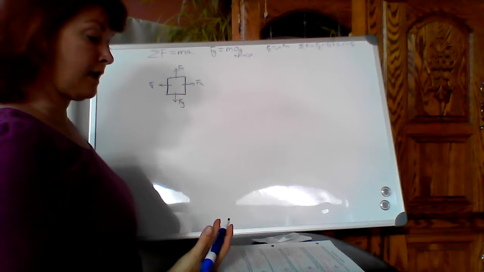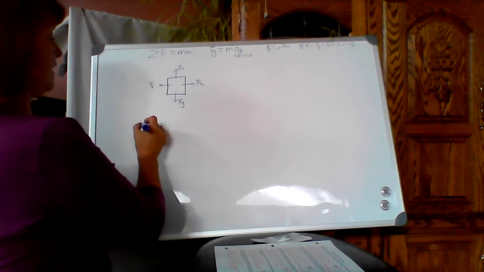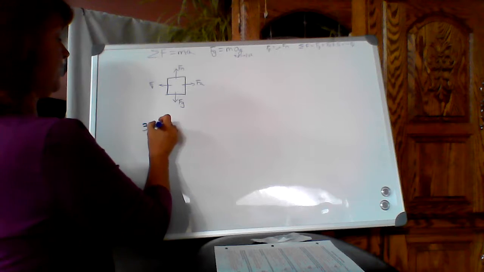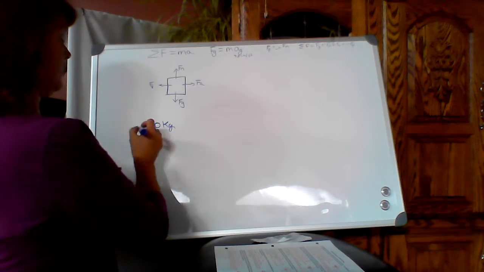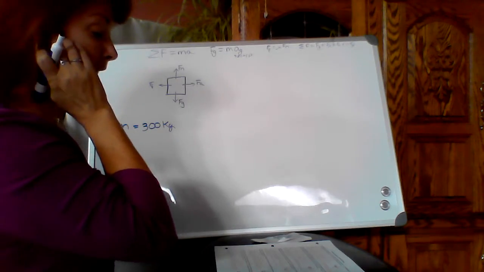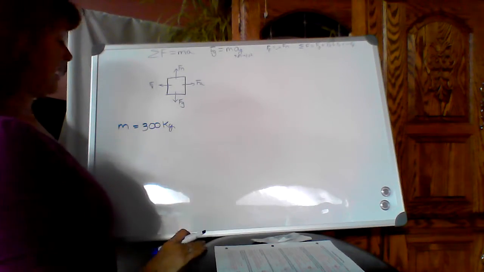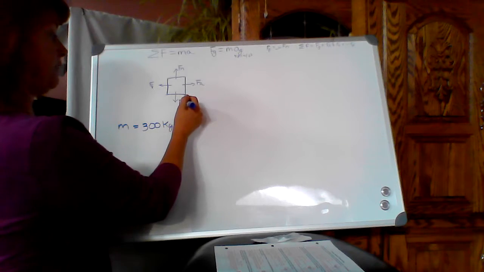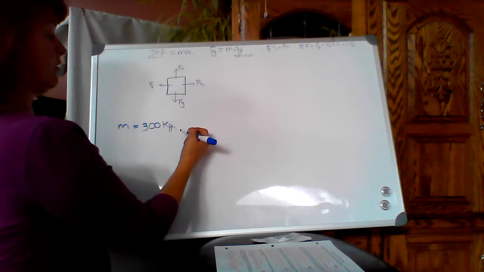So let's look at the numbers that we were given. We're given that the mass of the sled and the coach is 300 kilograms. So we know that's a mass, and by using a mass, we can find the force of gravity using our equation up here.